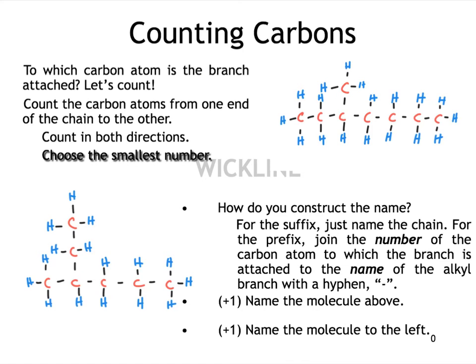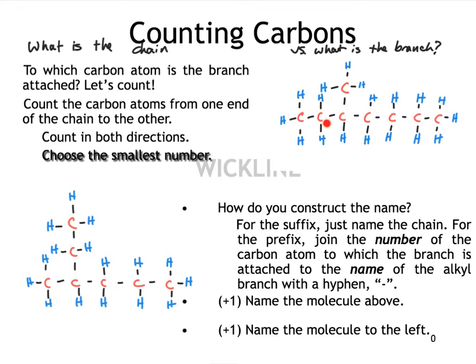So as we begin to learn how to count carbons in order to specify the location of a branch, there are two things that I need you to consider before we do anything. The first thing that you have to consider is what is the chain and what's the branch? So in short, the chain is going to be the longest unbroken chain. For instance, in this molecule, the longest unbroken chain is here, as opposed to, let's say, here.